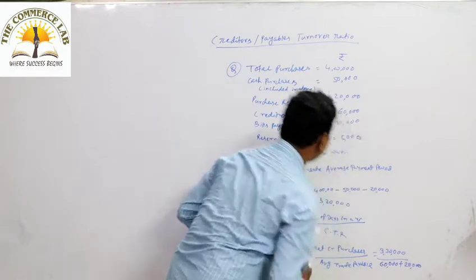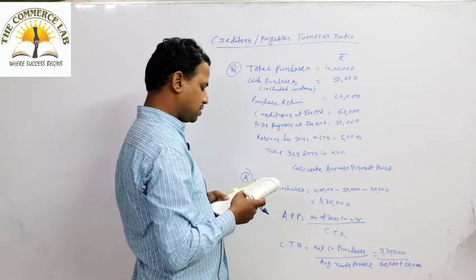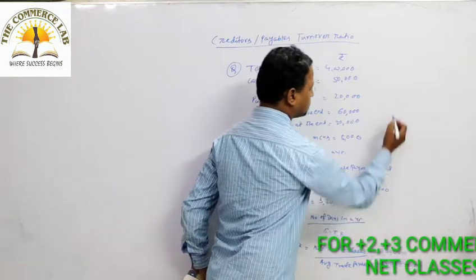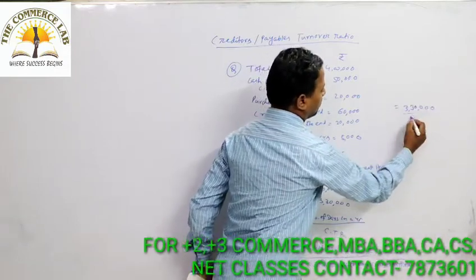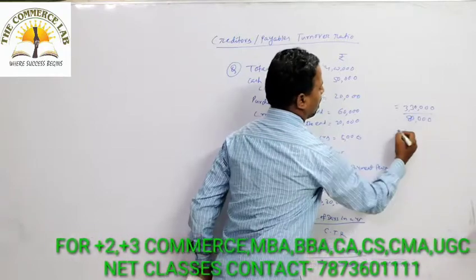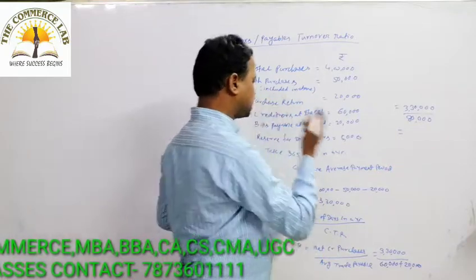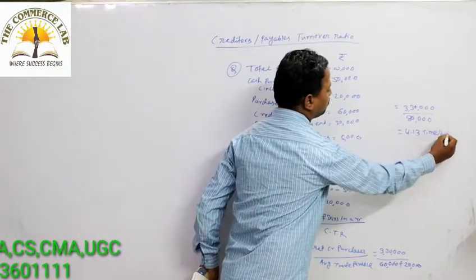The 60,000 is the sundry creditors and the bills payable is 20,000. So ultimately 3,30,000 divided by 80,000. So how much did you get for the creditor turnover ratio? That is 4.13 times.